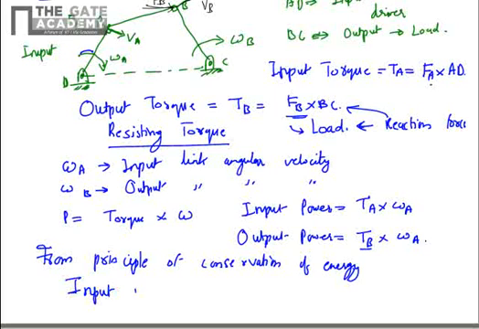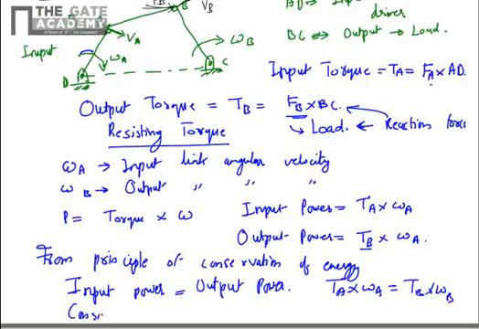Hence, input power is equal to output power, and hence TA omega A is equal to TB omega B, considering that there are no losses in the mechanism.